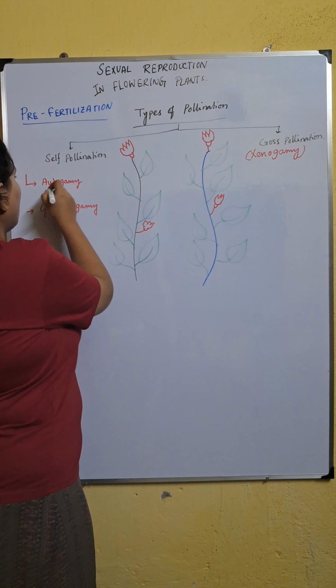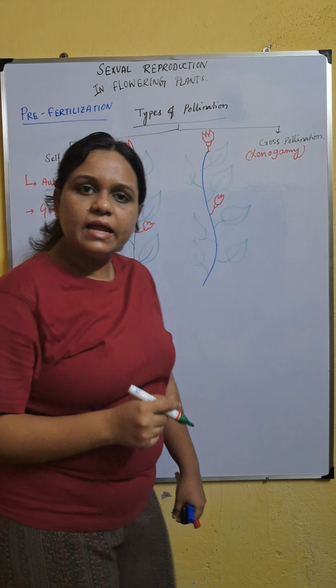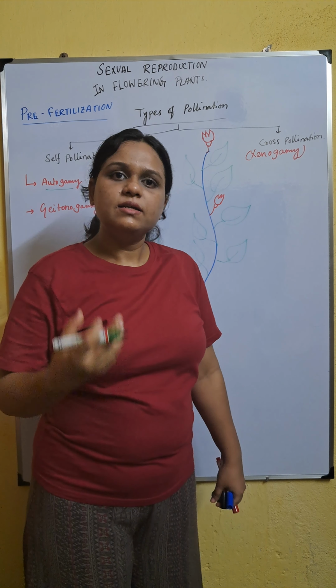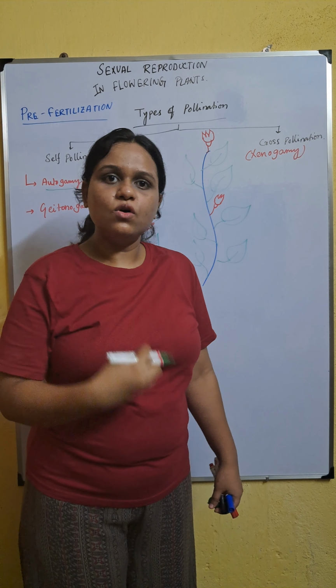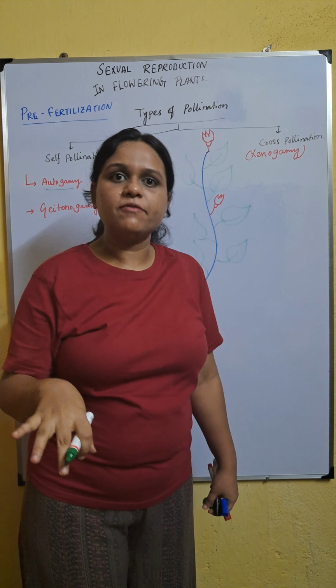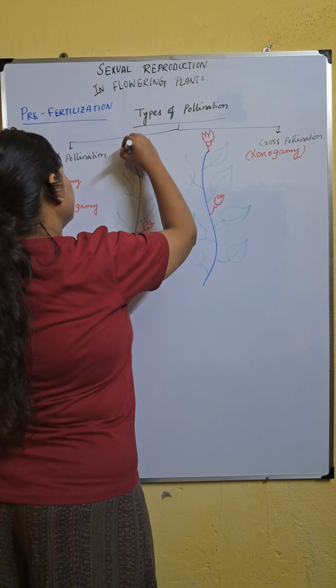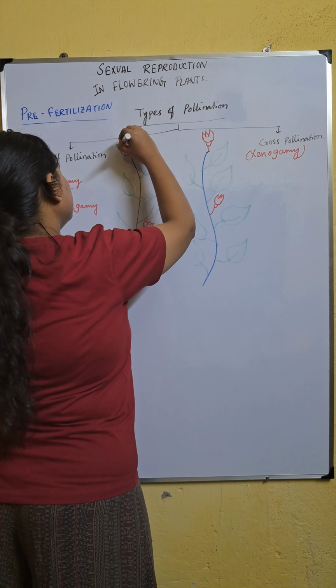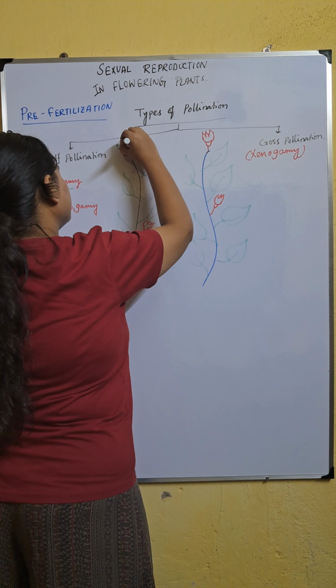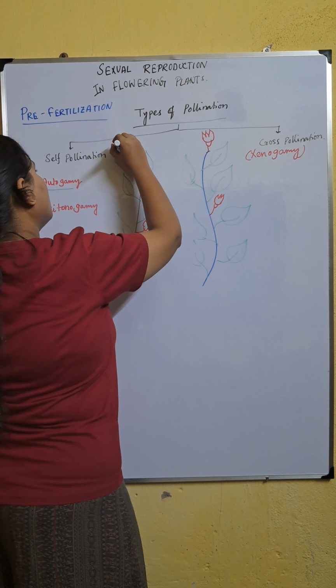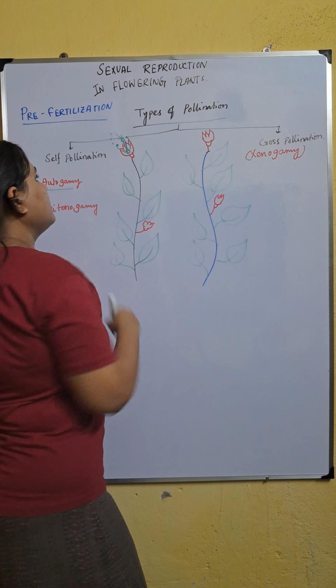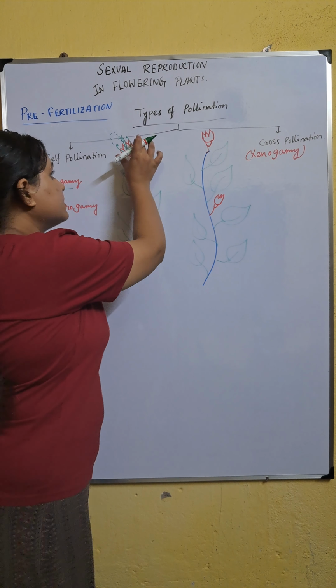Now, in case of autogamy, the pollen grains from the same flower go to the stigma of that flower only. So here, if these are the anther and this is the stigma, I am drawing this. This pollen grain will come to that stigma only, for the same flower.